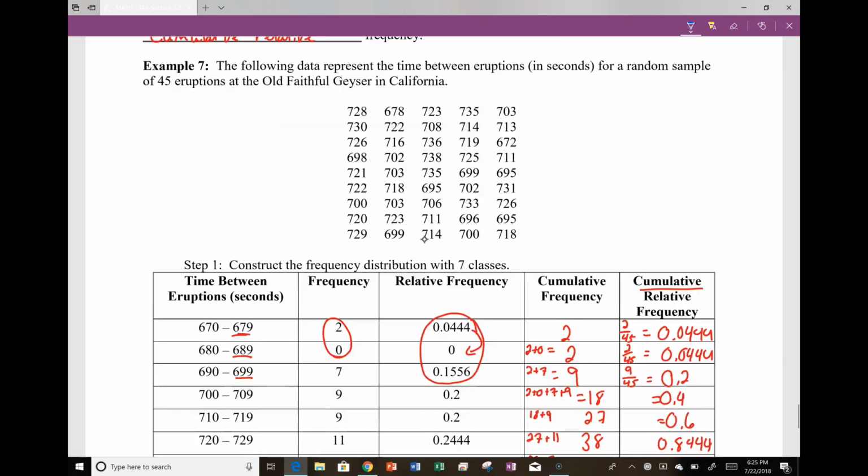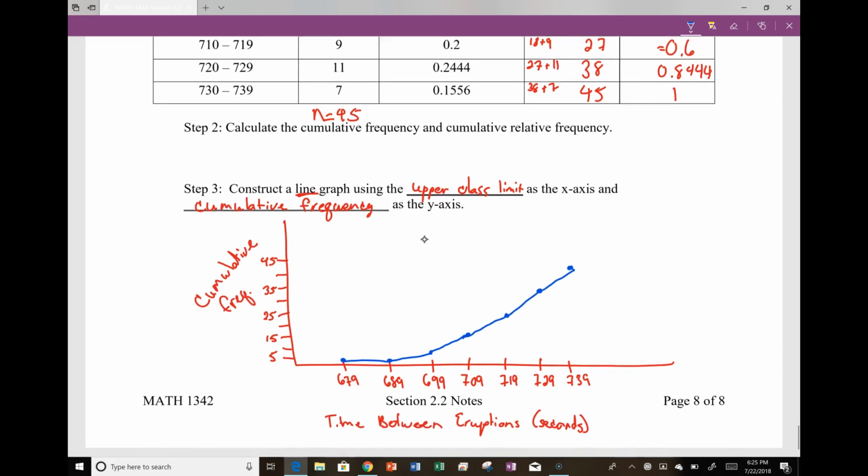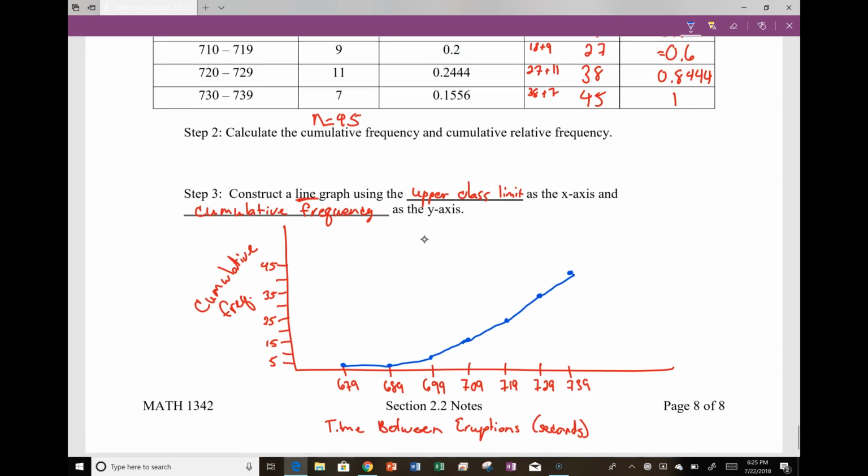An ogive, because we're talking about cumulative frequency, it's always going to increase. This tells me that there are 2 values, 679 or below. There are 2 values, 689 and below. Well, since I'm including everything below, I can't drop back down. I have to stay the same or go up. So please look at the frequency polygon and ogive and do some practice there.